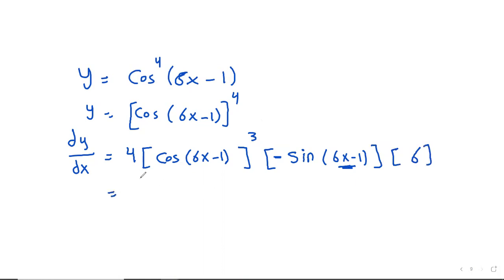Tidied up, it will be 4 multiplied by negative multiplied by positive 6, so it's negative 24 cosine to the power of 3 of 6x minus 1 multiplied by sine 6x minus 1.